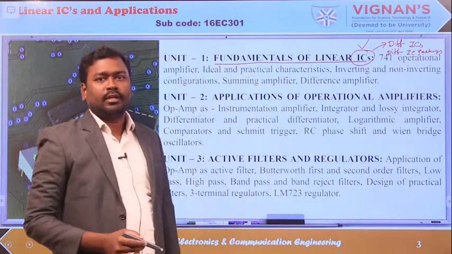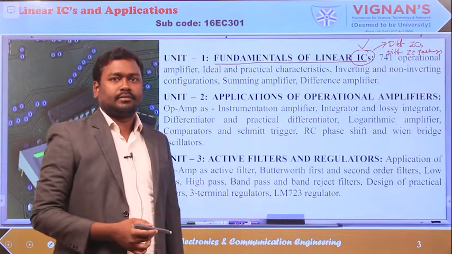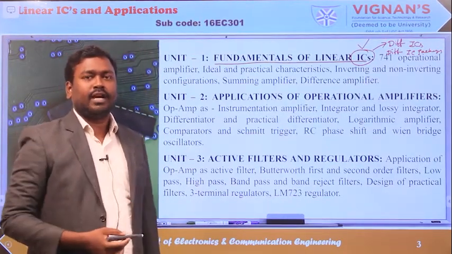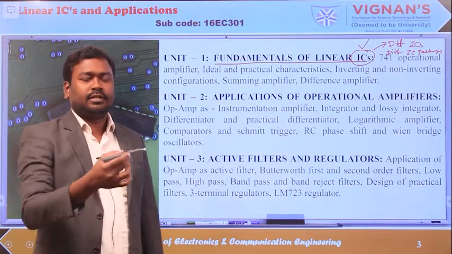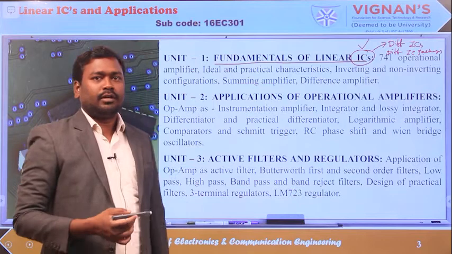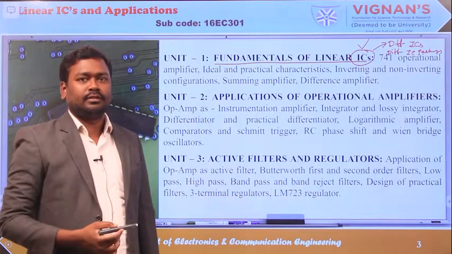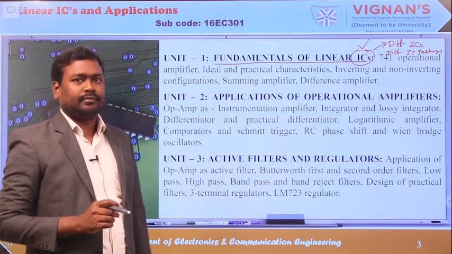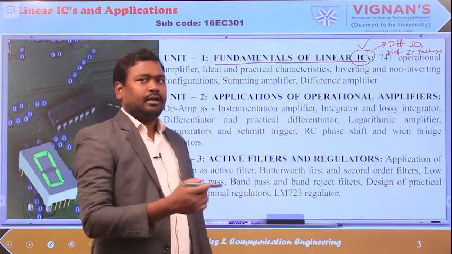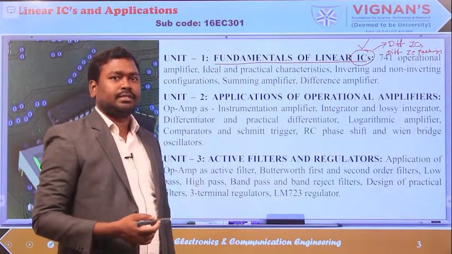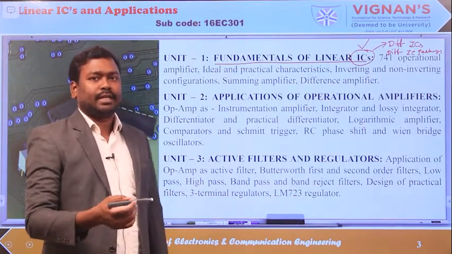ICs are generally available in different packages: metal can package, dual inline package and flat package. So in the basic electronic devices and circuits lab, you have seen the BC 107. Okay, so it is the metal can package. And in this semester you are going to do lab experiments using DIP package ICs.